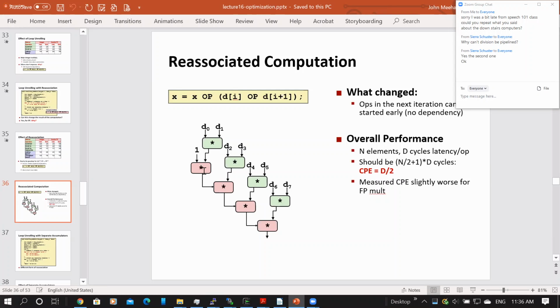But look at what's happening in the pipelining. While this 3 pulses of the clock is happening, what's the cycles per issue on this thing? It's 1, right?